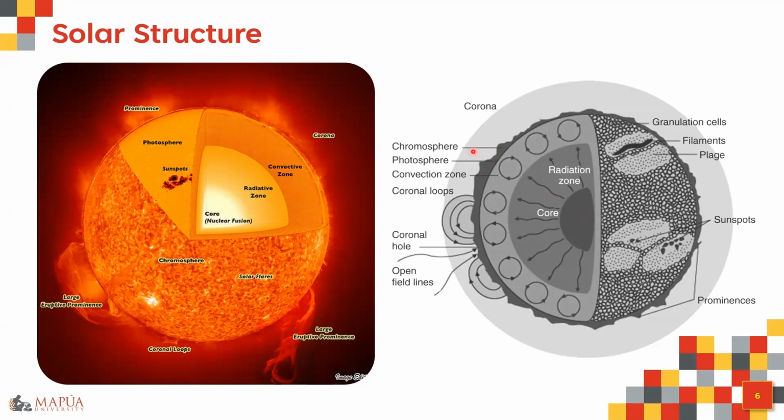If you remember your physics class, physics 116, there are three kinds of energy transfer: conduction, convection, and radiation. Energy generated from the core is transferred to the surface of the sun first by radiation and then convection, which we're going to talk about later.